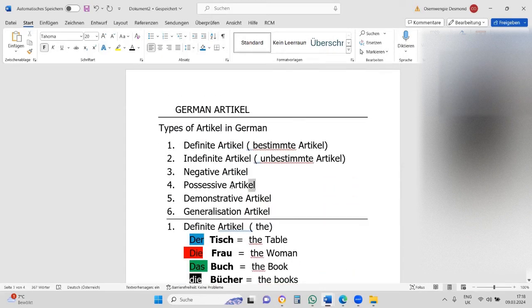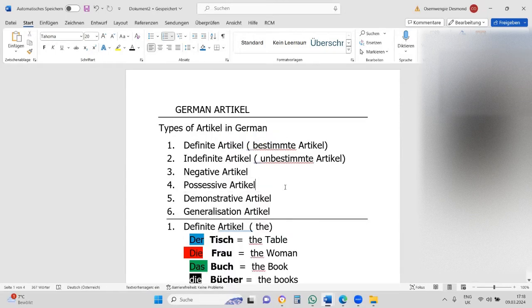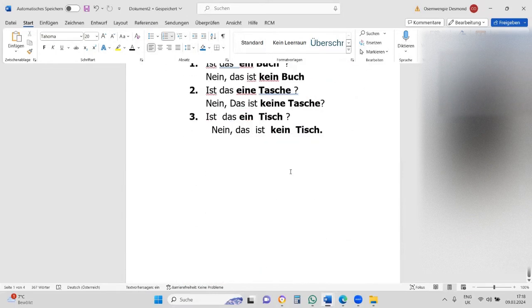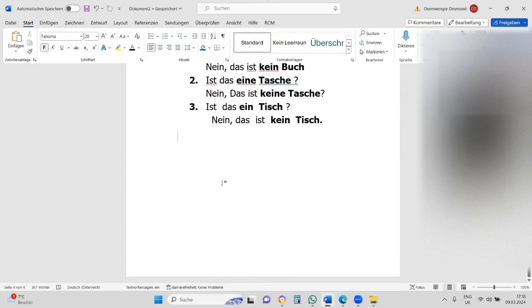Now, the next one is what we call the possessive article. Of course, you are used to speaking the English language, though it is not your mother tongue, just an official language.